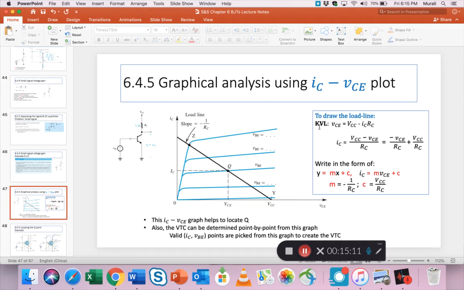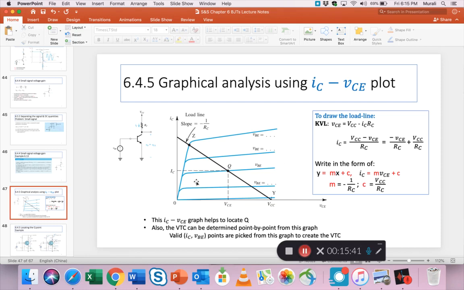If you did a KVL around this circuit, that KVL will give you the load line, which is a straight line, so it has to be in the form y equals mx plus c. I show you the steps here, but basically this is a line with a slope of minus 1 by RC.